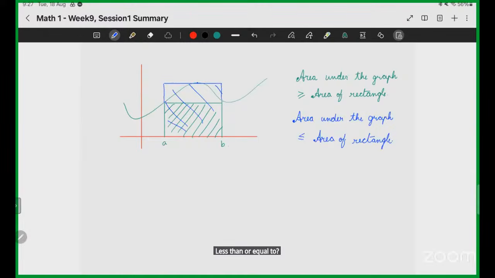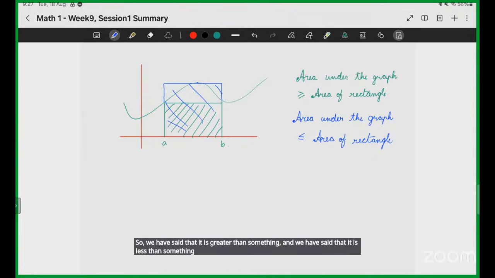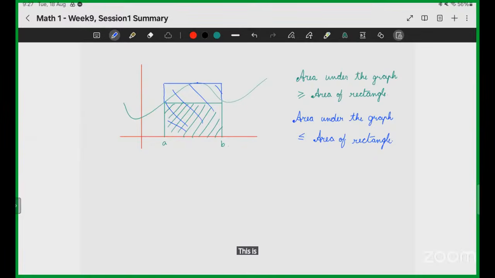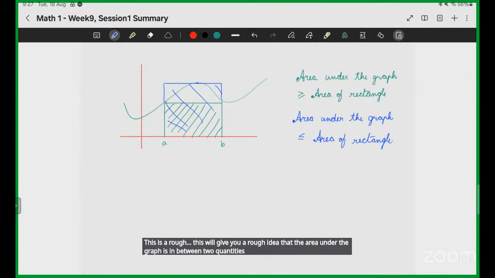So what we have done is we have estimated the area. We have not given the actual expression of the area, but we have given an estimate. We have said that it is greater than something, and we have said that it is less than something. This will give you a rough idea that the area under the graph is in between two quantities, which we can compute.